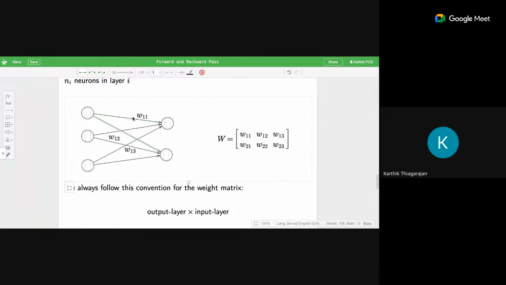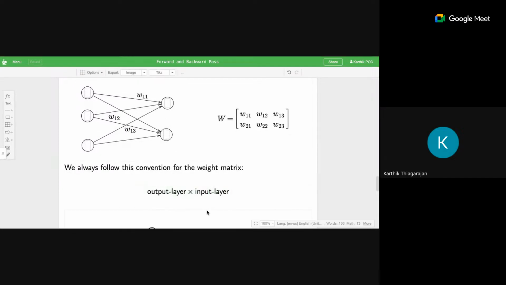So the columns will give you these connections, and the rows will give you all the connections that lead to the output neuron. So is this part clear? What are the rows and what are the columns of the weight matrix? Okay, this is going to be useful later on.